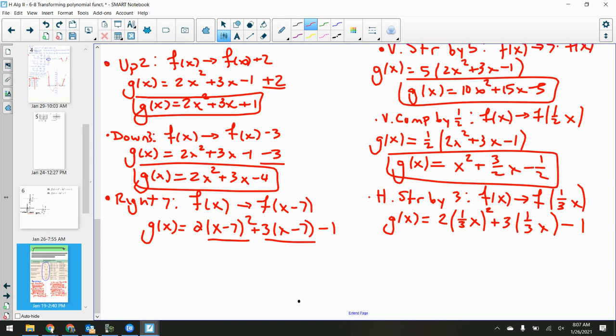You do that every time something is horizontal. So g of x would be 2 times, now don't forget to distribute this power, 2 times 1/9 x squared plus, oh, look at that, 3 times 1/3 x, just x. And then, I believe, reduce that down, 2/9 x squared plus x minus 1.